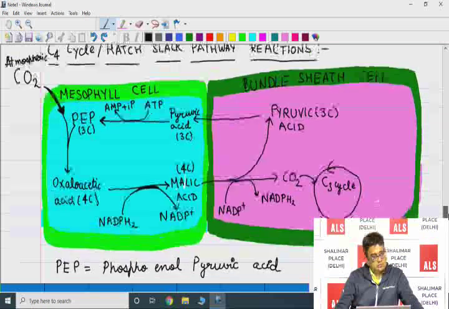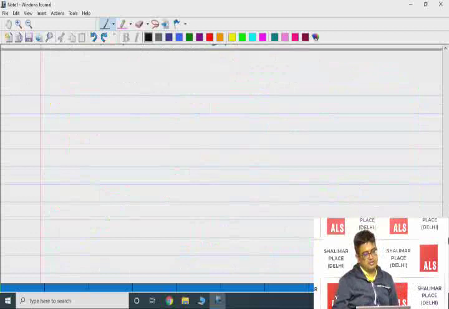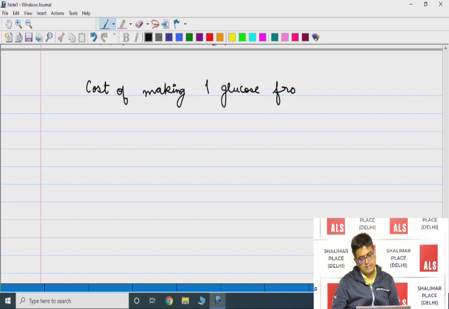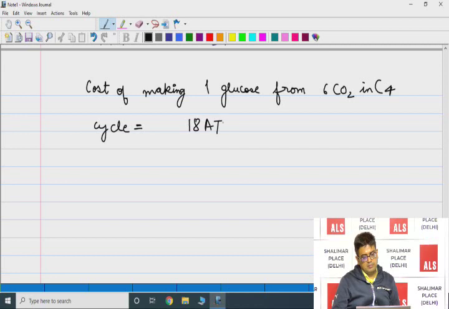So this is done. Now let's write the energy expenditure in the C4 cycle. The energy or cost of making one glucose from 6 carbon dioxide in the C4 cycle is equal to 18 ATP plus 12 NADPH2.